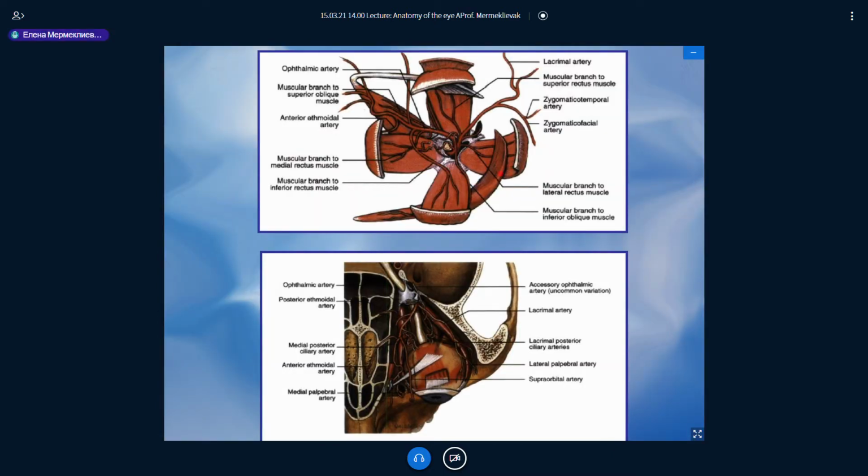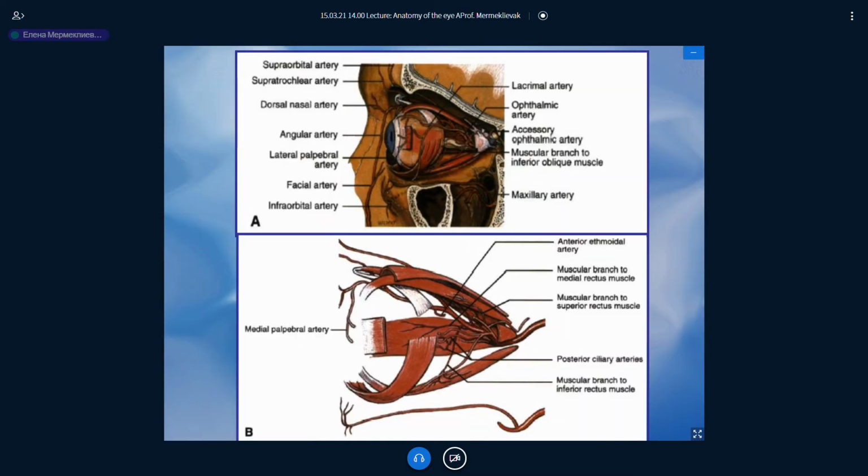And here are the 6 muscles that are responsible for the eye movement: 4 rectus muscles and 2 oblique muscles. Again, the muscles here, they connect.